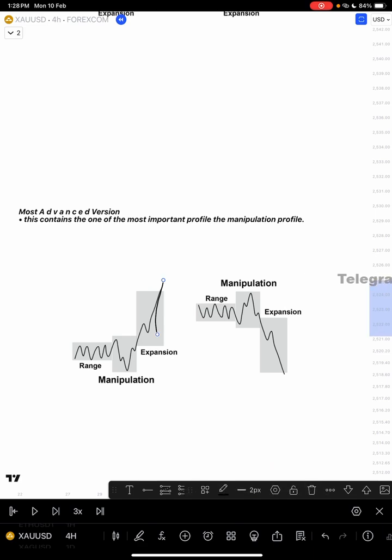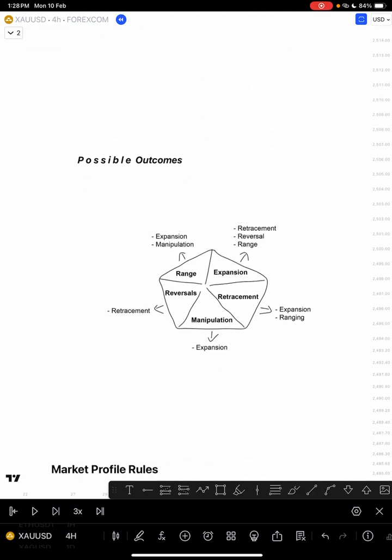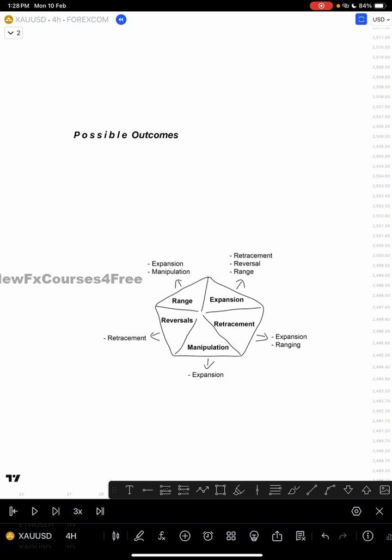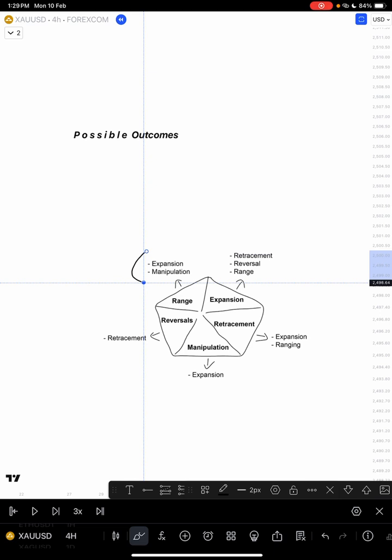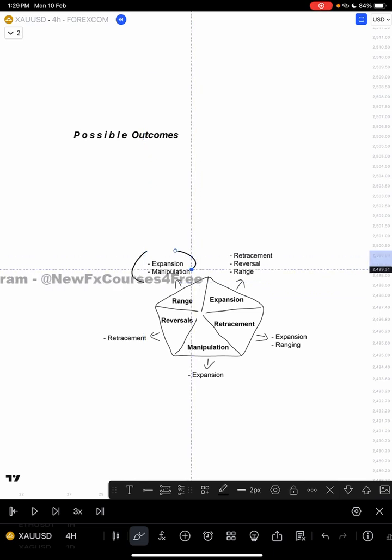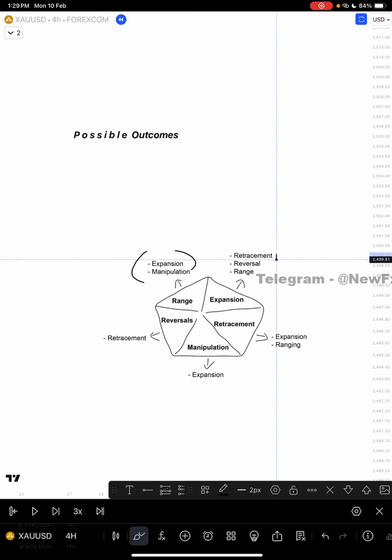So let's continue. Here are some possible outcomes. First, let's start with the range. From the ranging profile, you might have an expansion or a manipulation. Then from your expansion profile, you might have a retracement, a reversal, or a ranging profile.